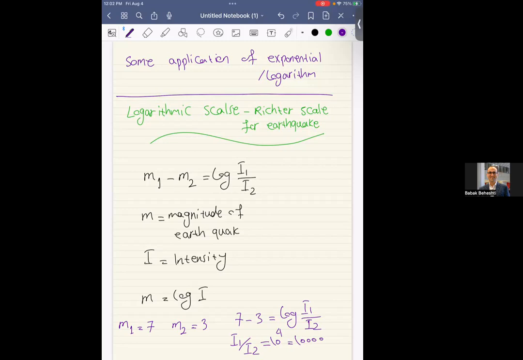One is 10,000 times more intense than the other. So from this equation, it follows that I1 over I2 is 10 to the power m1 minus m2.